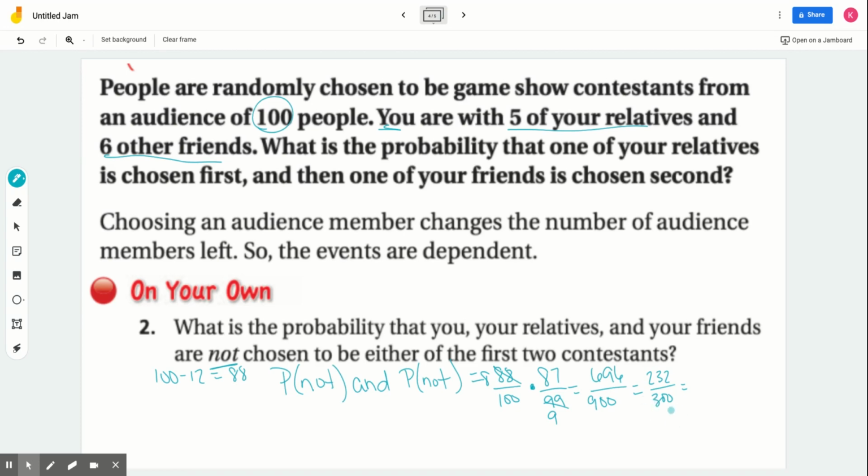So I can divide each of those by 2 again to get 116 out of 150, and then 58 out of 75. So 58 out of 75 would be my probability for this problem. So remember that the numbers are going to change because we're already taking options out of the pool.